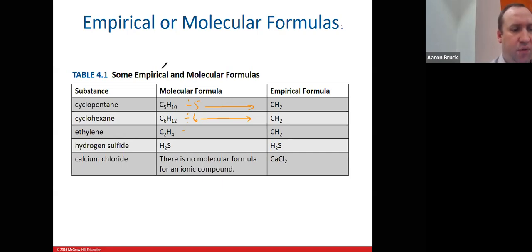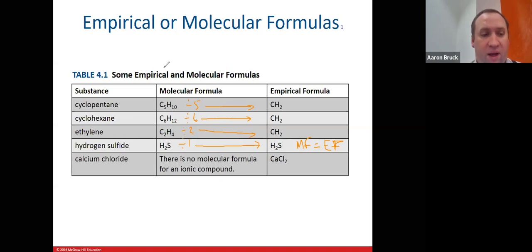Ethylene, both of those numbers can be divided by 2, and I get an empirical formula of CH2. H2S, no number I can divide by other than 1. In that case, the molecular formula and the empirical formula must be exactly the same.